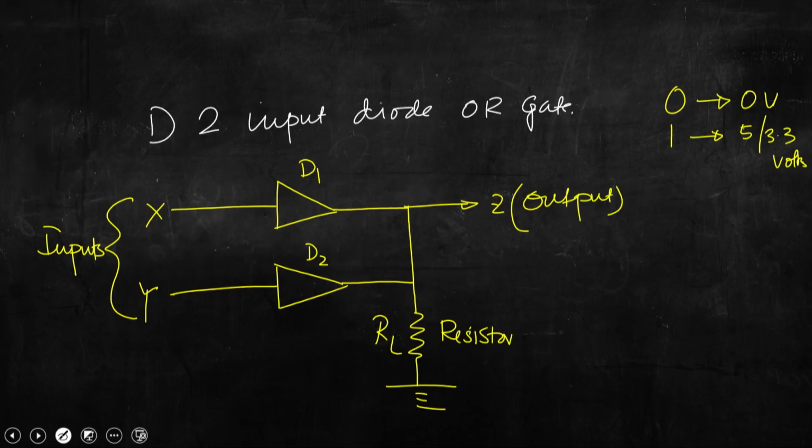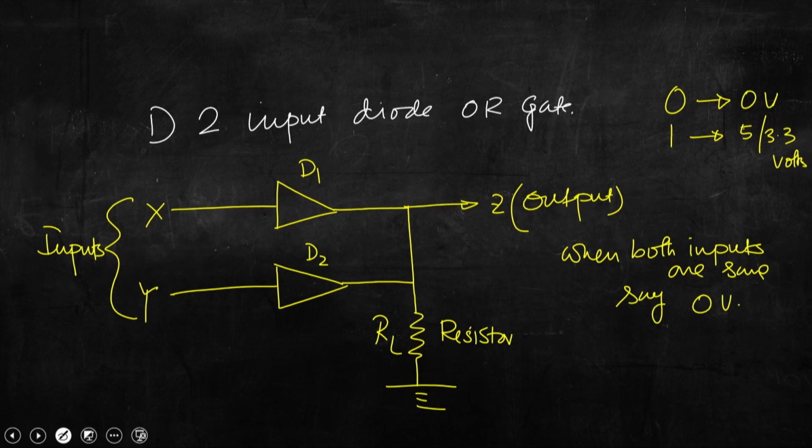Okay. So, in the diode OR gate, when both inputs are the same, say 0 volt, then both diodes are off.